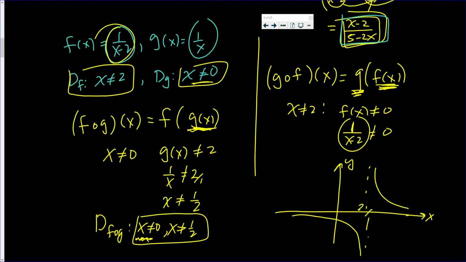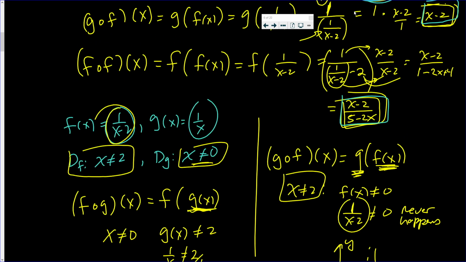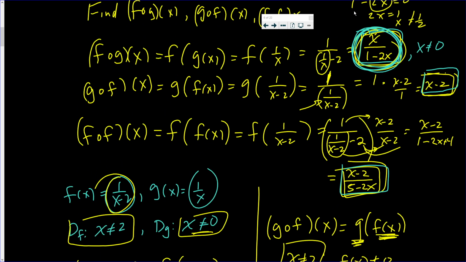So this one never happens. So the only constraint for the g circle f function is x can't be 2. But you know what? We don't have that here. We don't have that x can't be 2. You have to be careful.